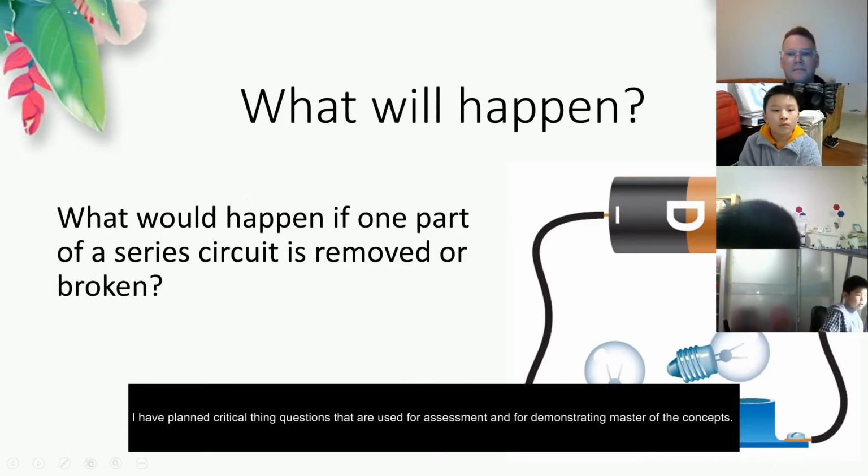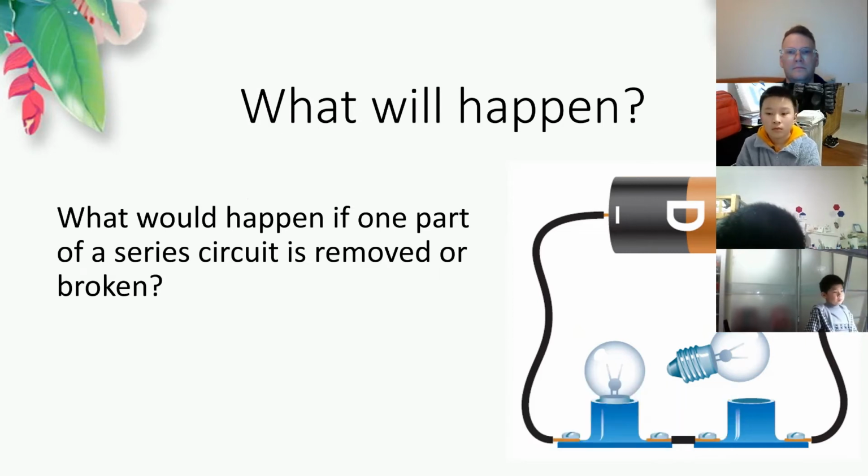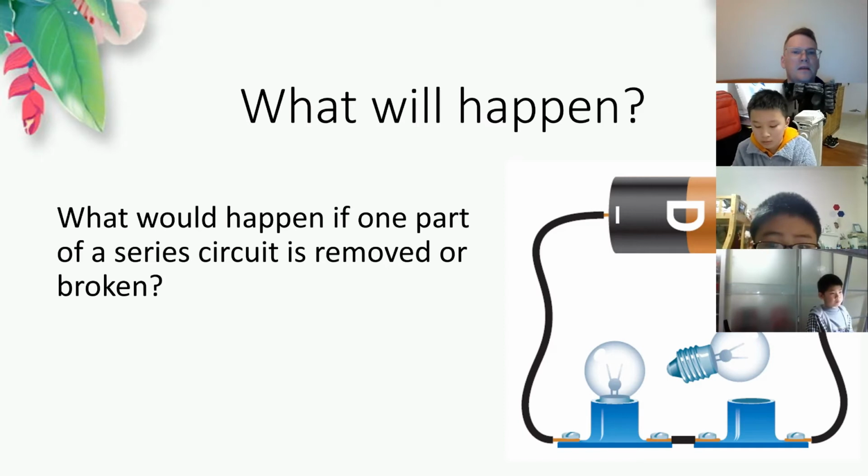I think neither of the light bulbs will light. Okay. Nail or Jerry, do you have any other things to say? Any other ideas? No? It doesn't have a current. Nail, what were you saying?